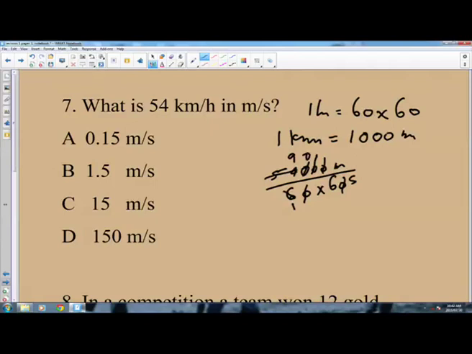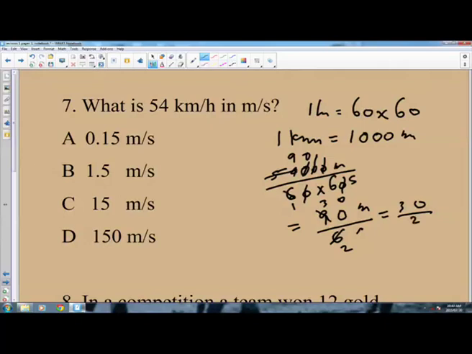So what do you have? You have 90 meters divided by 6. Remember the 6 here. And then we can cancel by 3. 3 into 6 is 2, 3 into 9 is 3, 3 into 0 is 0. So this is just 30 over 2.